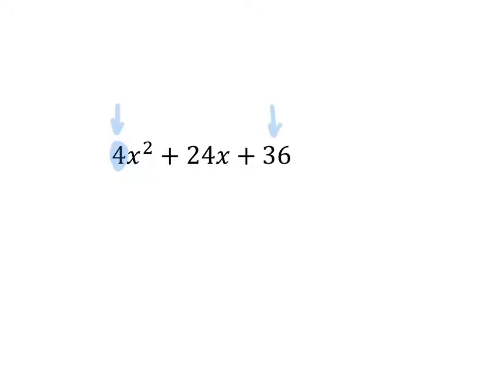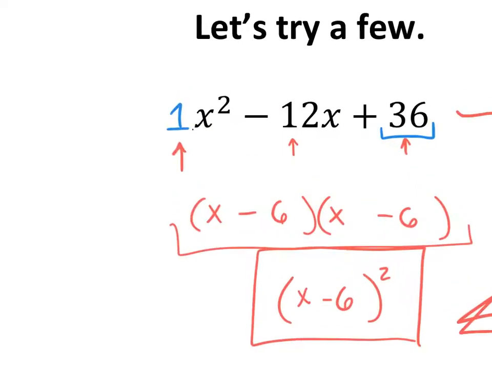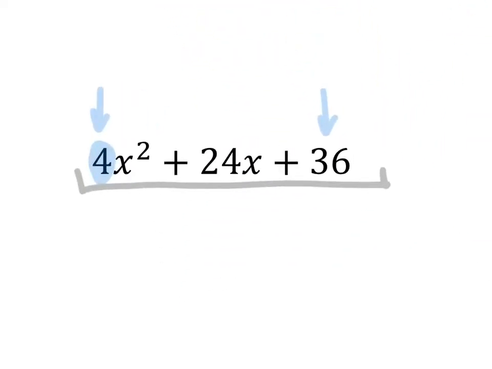You might also remember that the first step, anytime we're not working with the easy type, and the easy type's when it's a 1 out in front, the first thing to do is to check for a greatest common factor. This one does have a greatest common factor. Its greatest common factor is 4. So when I divide all those numbers by 4, I'll get an x squared plus a 6x plus a 9.